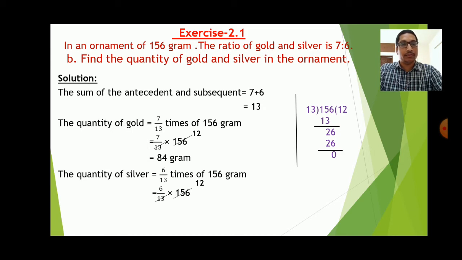So if we multiply 6 and 12, then it will be 72 gram. So already we have got separately gold and silver's quantity. So here our answer: gold 84 gram and silver 72 gram. Now I am going to the next question.